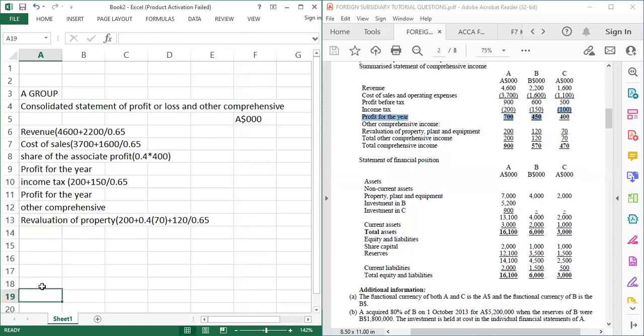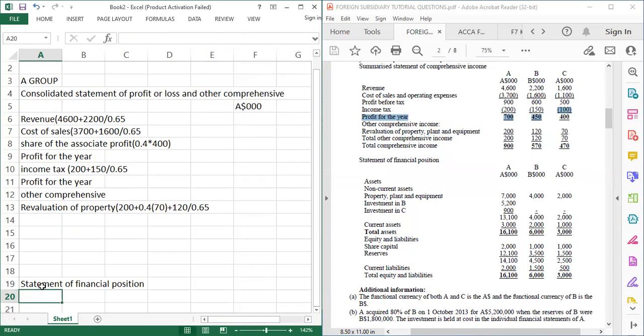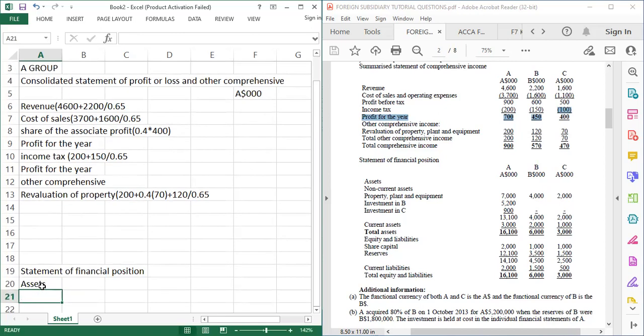So let's come to the statement of financial position. The first item is assets. Then we have non-current assets.